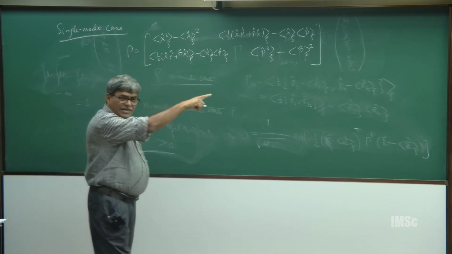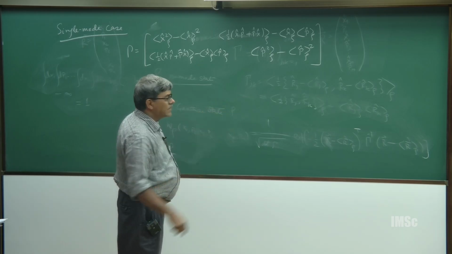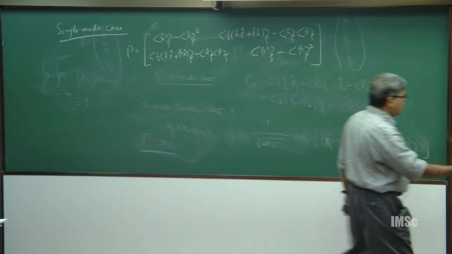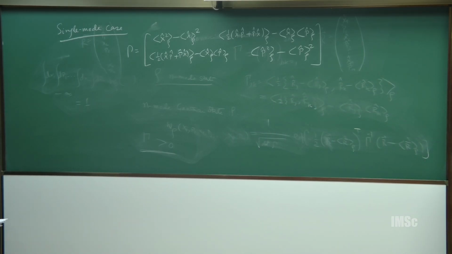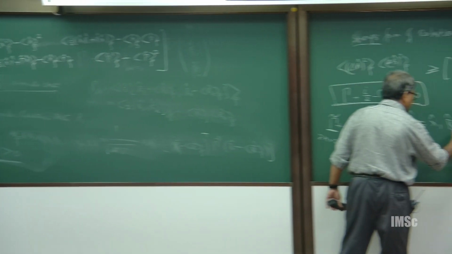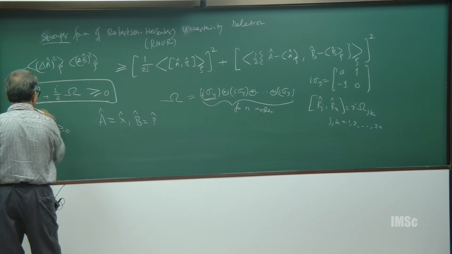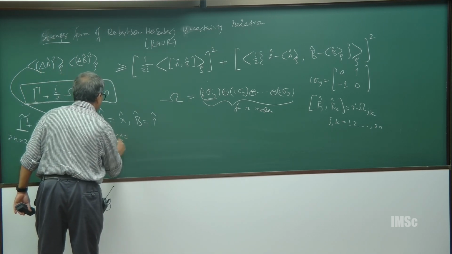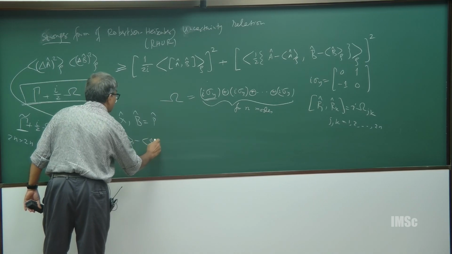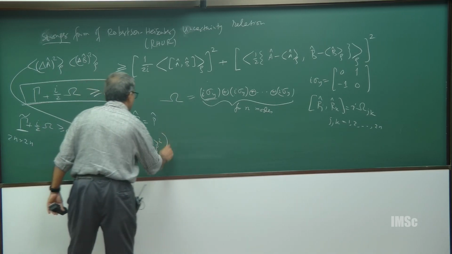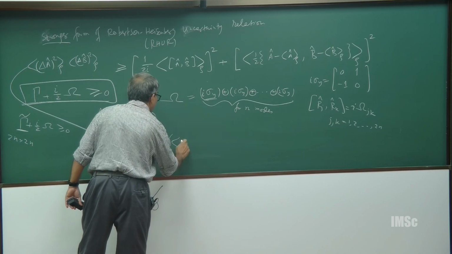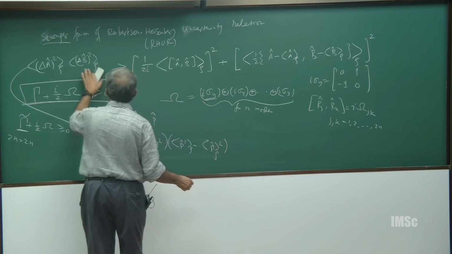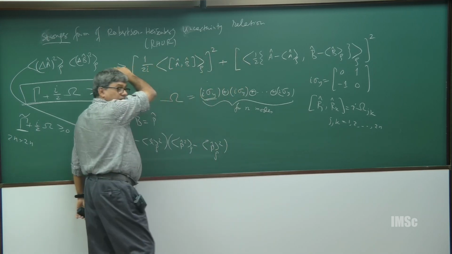Now, if I look at the stronger form of the uncertainty relation, let us take A equal to x and B equal to p. This will become basically x square rho minus x rho square into p square rho minus p rho square. This is the first term, and let us take the other on this side.